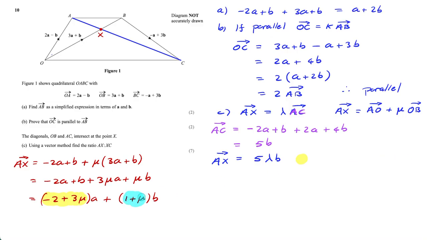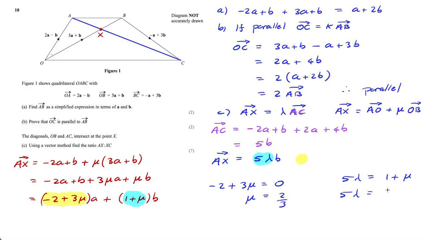So this is actually easier than some of the ones I do in the normal IGCSE. This means minus 2 plus 3 mu equals 0, so mu equals 2 over 3, and 5 lambda equals 1 plus mu.